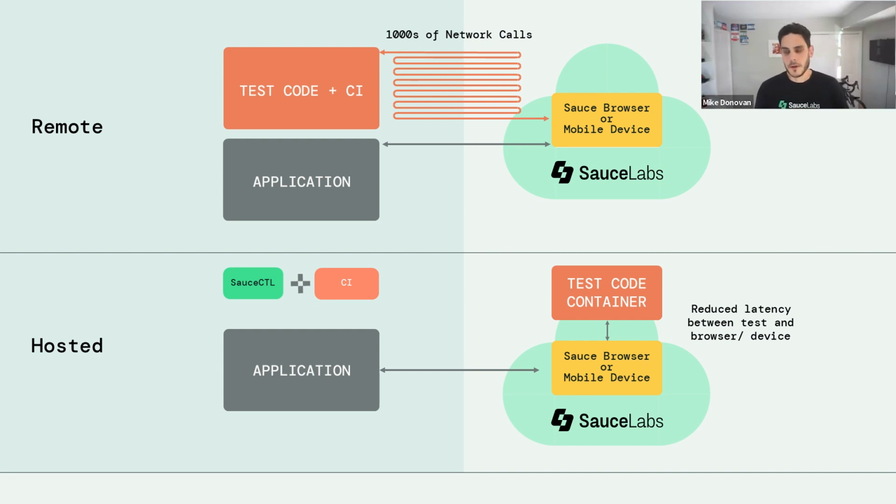With SOS Orchestrate, we're moving to host the actual test script itself. So instead of those test scripts running from your environment or outside of Sauce Labs, they will run right next to the browser or real device or emulator and simulator within the Sauce Labs cloud, thus removing all of those network calls essentially, which creates greater stability, but most importantly, improves overall test execution time a lot.